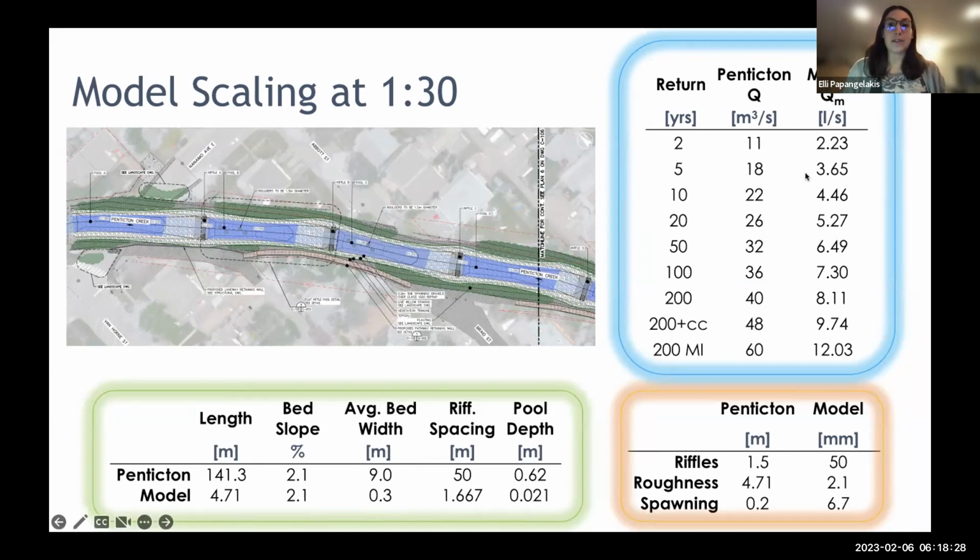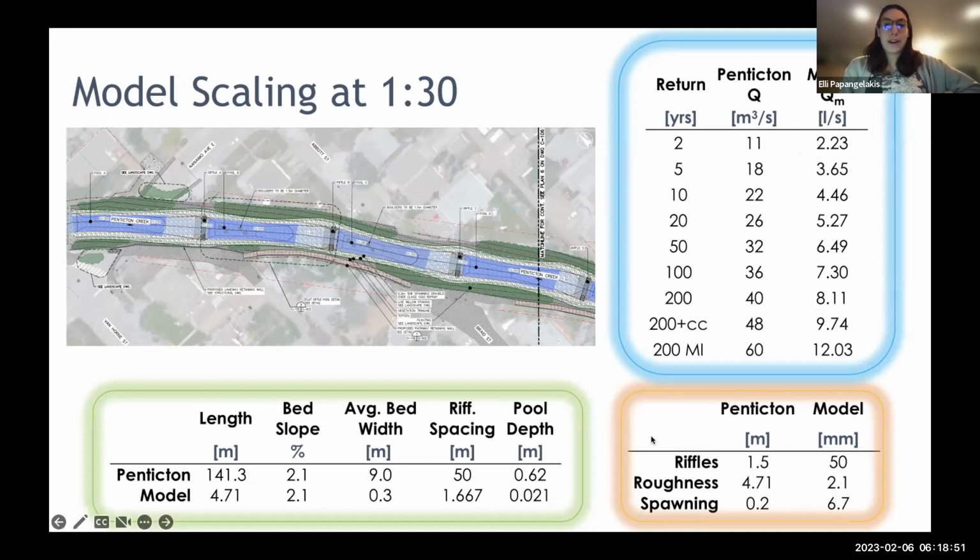Our flow is also scaled according to Froude scaling, which isn't 1 to 1. There's again a scaling relationship for discharge, but you can see the 2-year return flow in Penticton Creek is 11 cubic meters per second. In our case, we're working with 2.2 liters per second, so much smaller.